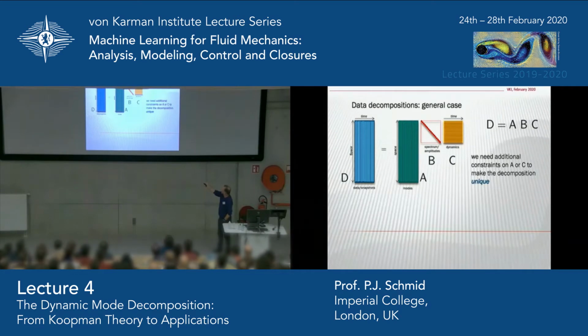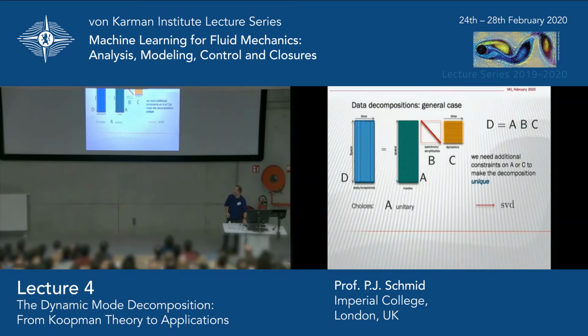These are the amplitudes, and this is the dynamics. If I just say A, B, and C and have a data matrix like this, just like Scott mentioned, this is not unique. I have to say something a little bit more. Having the middle matrix diagonal is not sufficient. One more thing I need to say to nail down this decomposition and make it unique, modulo some subspace rotations.